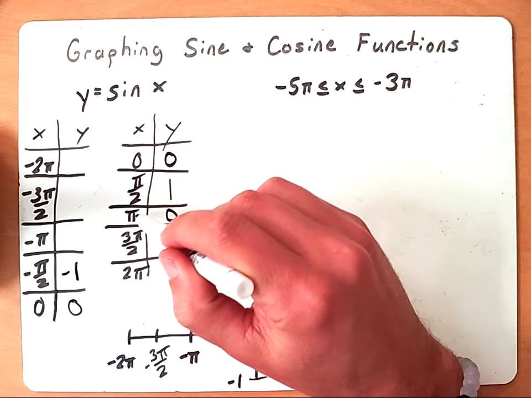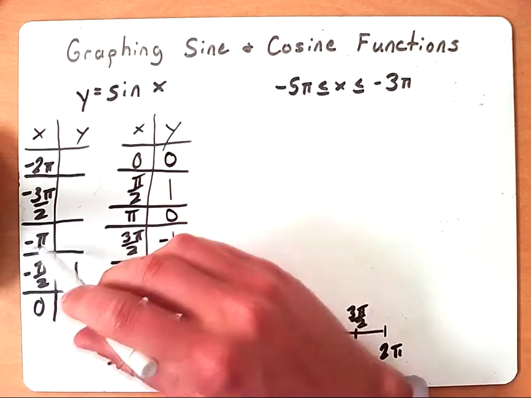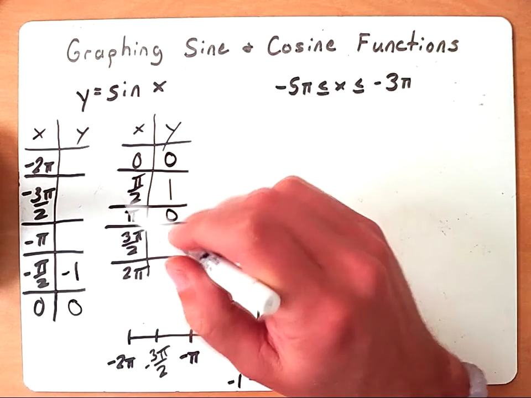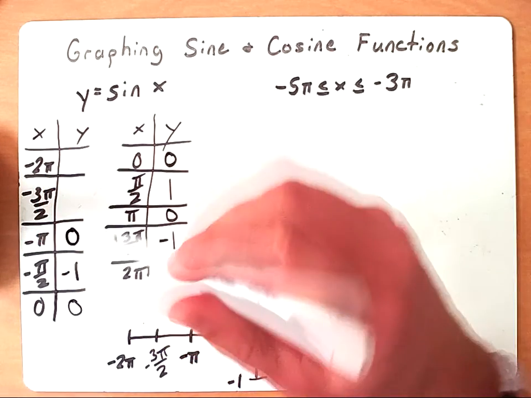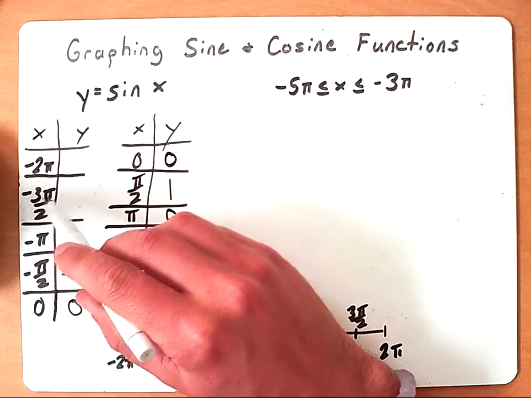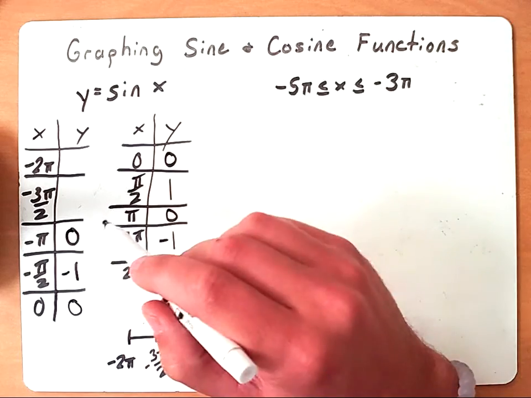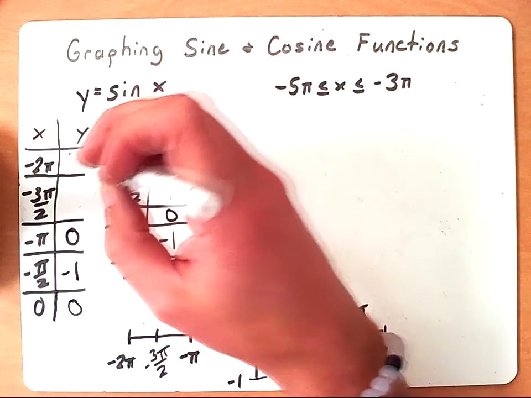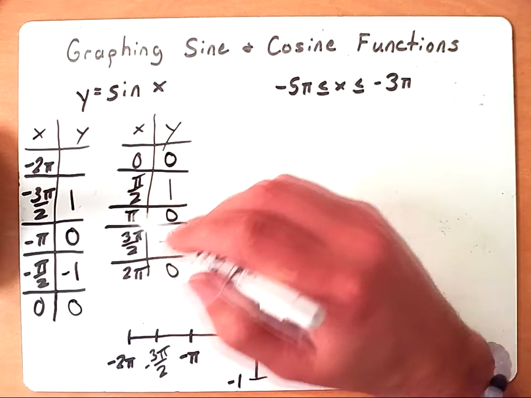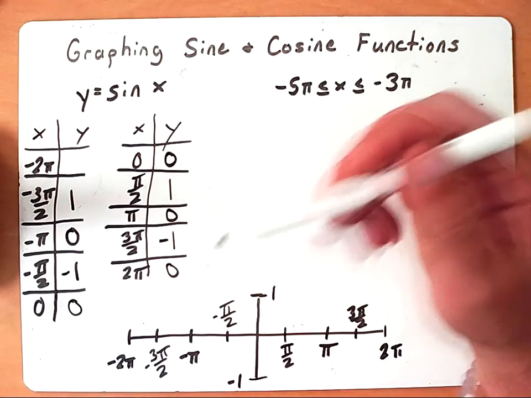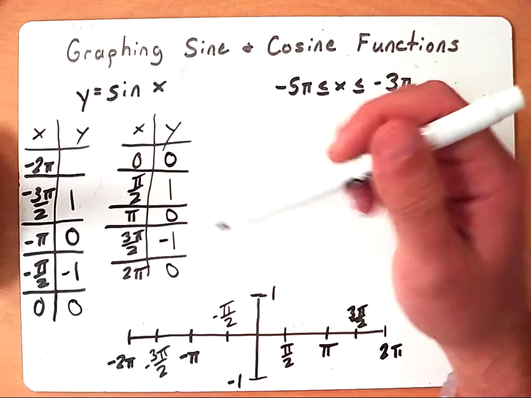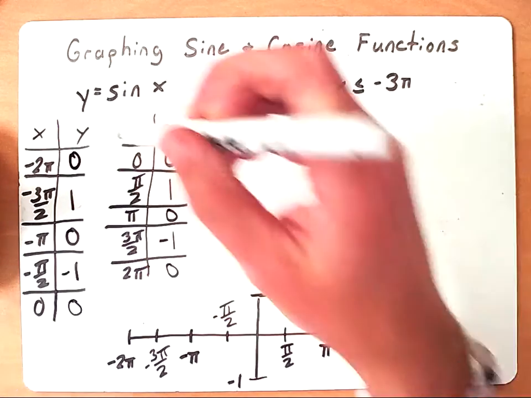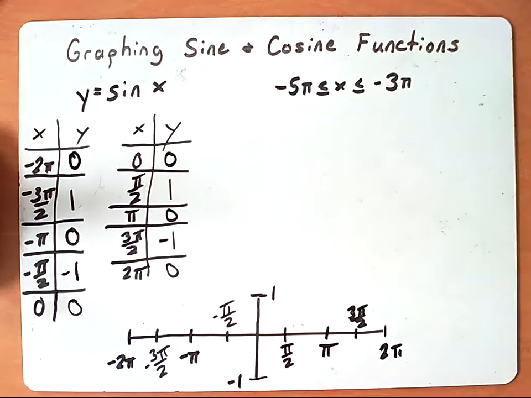Negative 180 would be the same as positive 180, so negative pi is the same as positive pi. So we're going to get a 0 here. Negative 3 pi over 2 would be negative 270 degrees. That would be the same as going 90 degrees counterclockwise. So we're going to get a 1 here. And then negative 2 pi would be the same as positive 2 pi, which is 0. So you're going to have a 0 there as well.